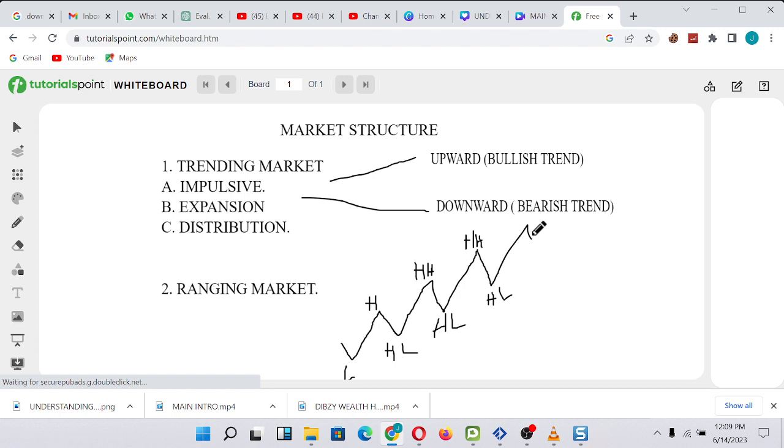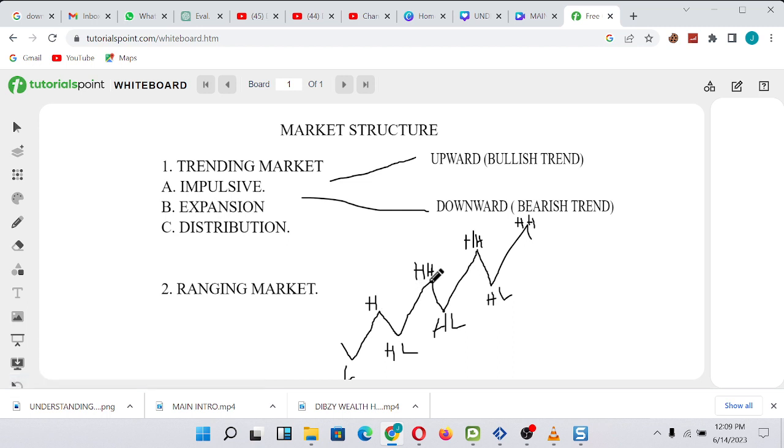Take note of that. Very, very important. The bullish trend always has a series of higher highs and that of a higher low. That is to say that it must be able to take out the previous low.